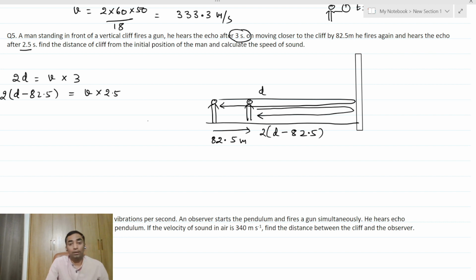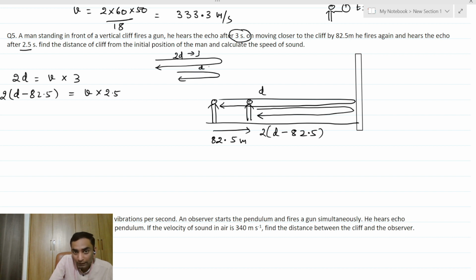So here please understand that earlier it was d and d, so the distance was 2d and the time was 3 seconds. Now the distance has reduced to d minus 82.5, again multiplied by 2, and the time for the reflection of sound is 2.5 seconds.